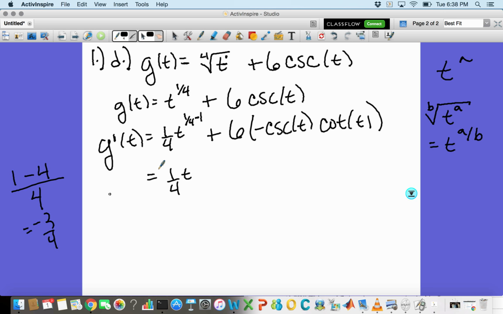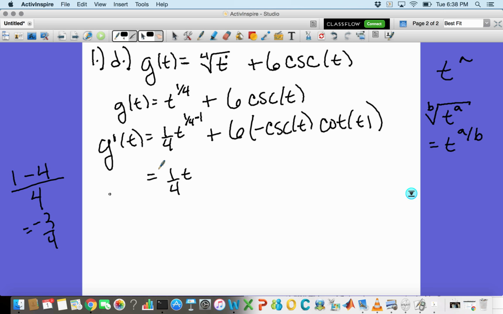So over here, I am left with 1 over sine squared of x minus 1, times cosine x. Sine squared is cosecant squared minus 1.